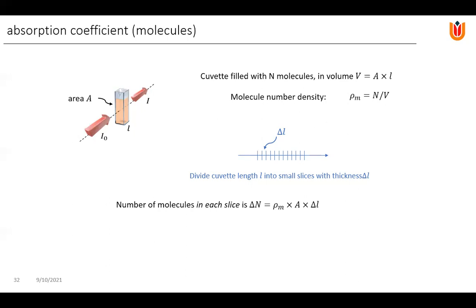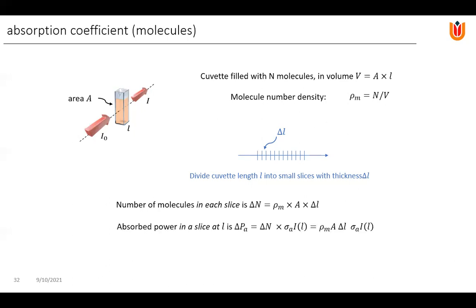Now you can calculate the number of molecules in each of these very small slices. So along the way as the light propagates, delta N would be the density times A times delta L. That would be the number of molecules. And you can still do the same thing. If I know this number of molecules, then I know what the total amount of absorbed light is.